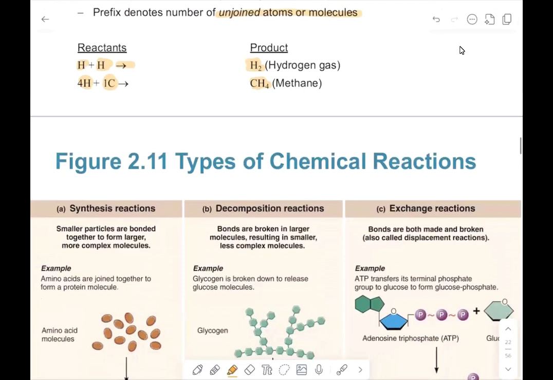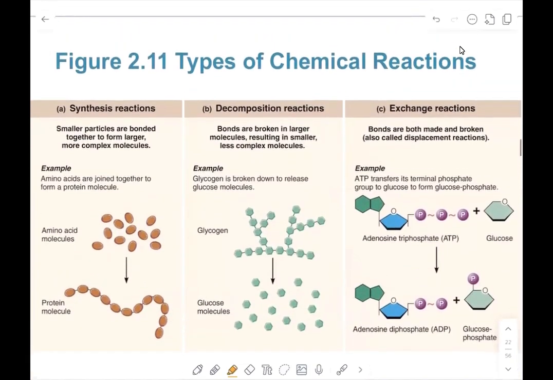So the reason this is important in the body is because we have three main types of chemical reactions to know. The first one is synthesis. This is taking smaller molecules and putting them together to make larger molecules. And this can be done for all of the macromolecules that we'll be talking about later in the semester, so things like proteins, carbohydrates, nucleic acids, or lipids.